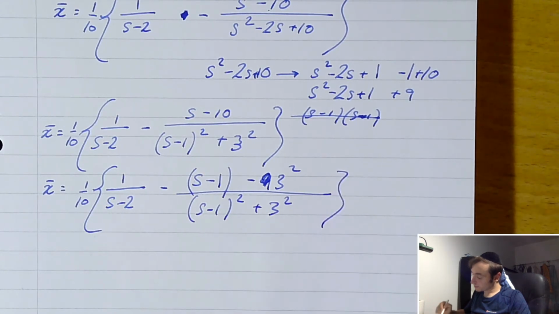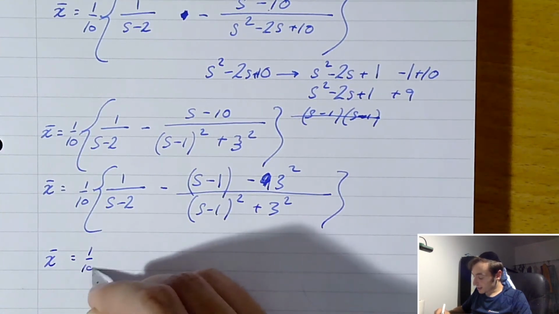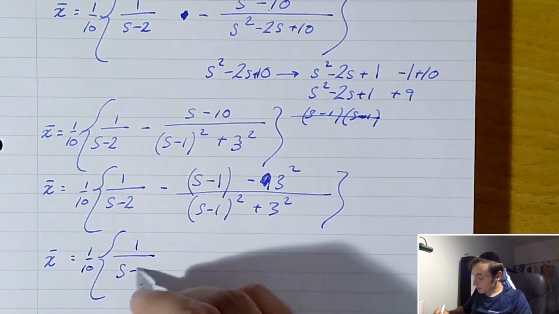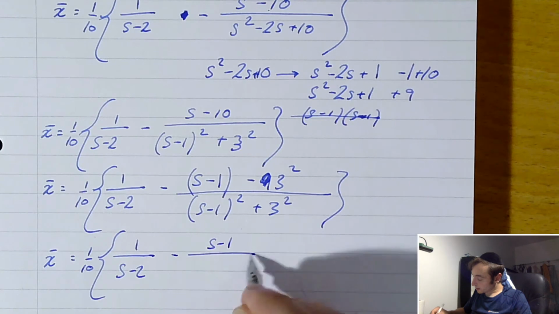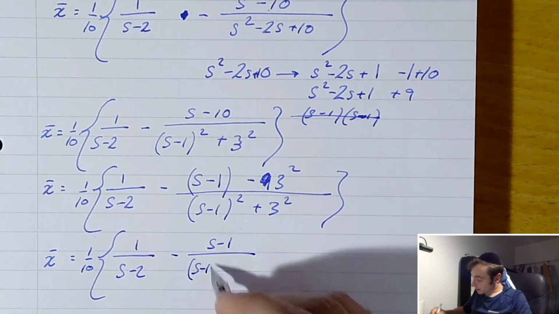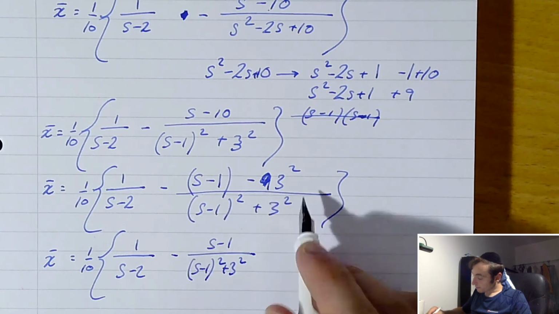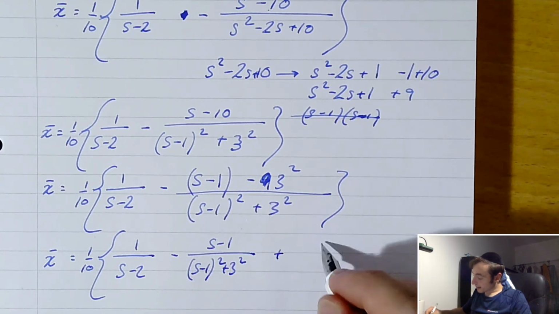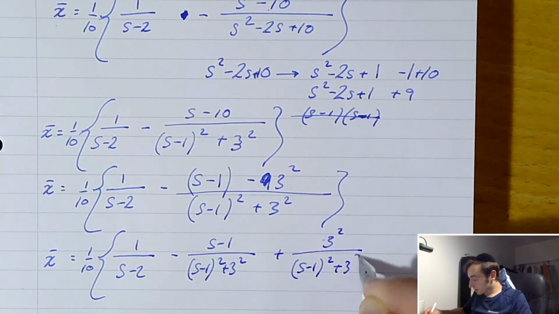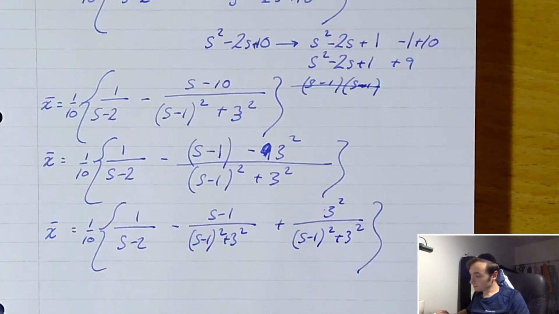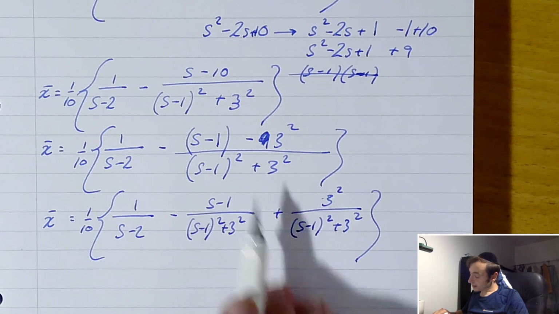Now we can separate those, so we can say x bar equals 1/10, 1 on s minus 2, minus s minus 1, all on s minus 1 squared plus 3 squared. The double minus is going to be a plus, isn't it? Plus 3 squared on s minus 1 squared plus 3 squared. So all I've done, I've just separated the variables here and checked the signs are correct.